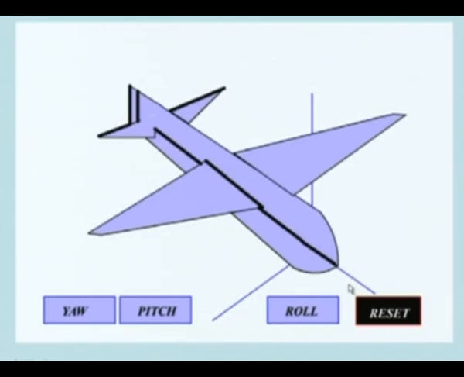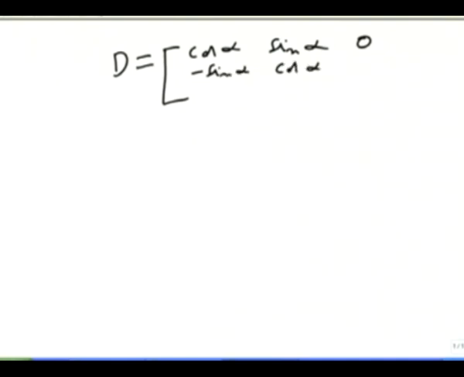Now in the case of these angles, suppose you have D equal to the matrix cos alpha, sin alpha, 0; minus sin alpha, cos alpha, 0; 0, 0, 1.